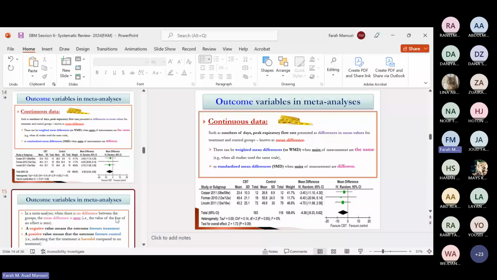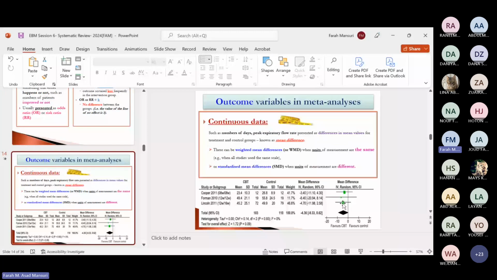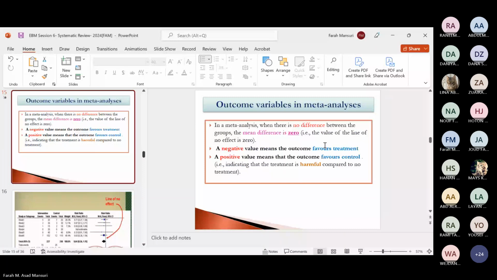So then outcome variables and the meta-analyses, again, if there's no difference, then the mean difference is 0. That is, it will be on the midline, that is 0, if there is no difference. That is known as the line of no effect.